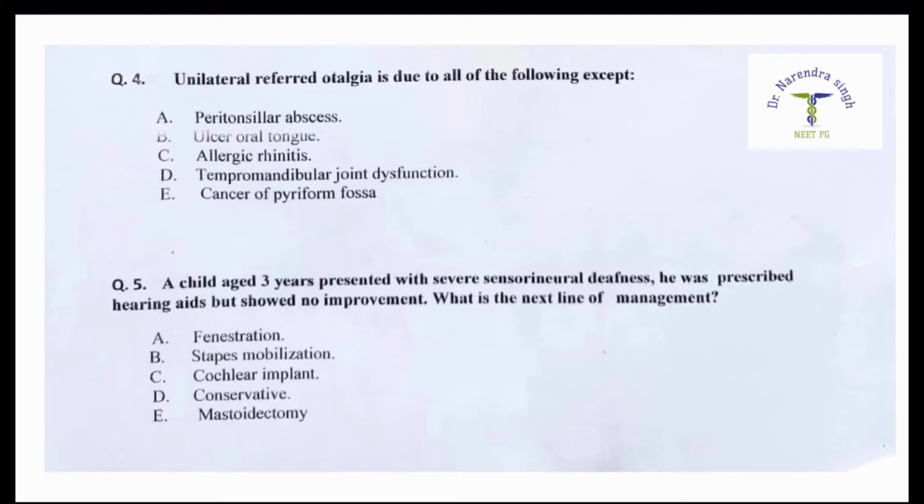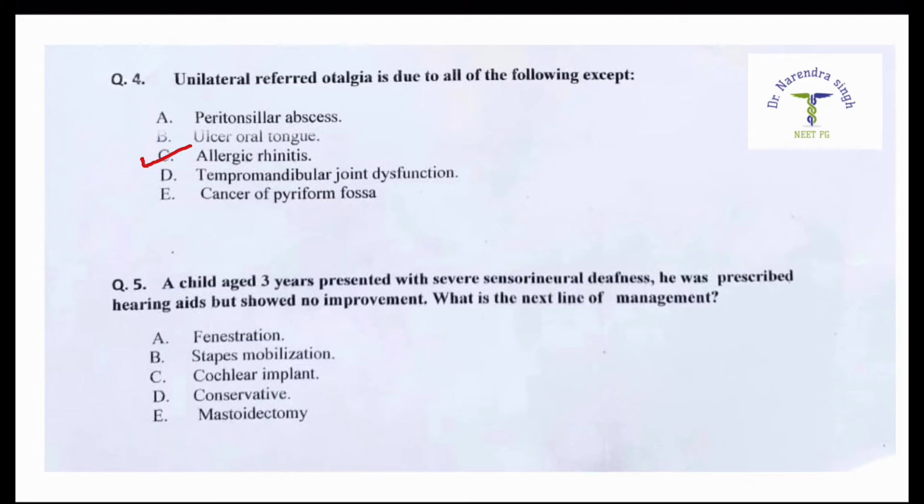Option C says allergic rhinitis. We all know that in cases of allergic rhinitis, we do not notice referred otalgia. So option C is the correct answer here, that is the answer by exclusion.